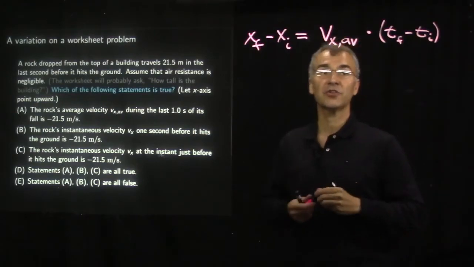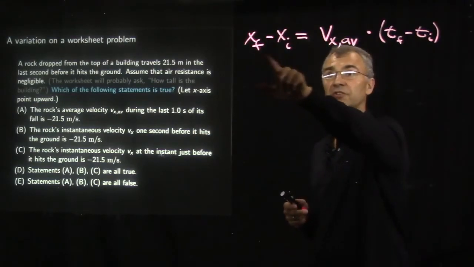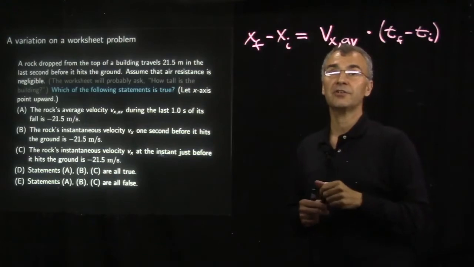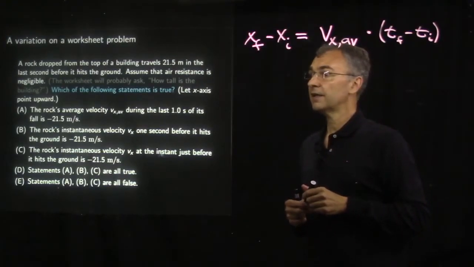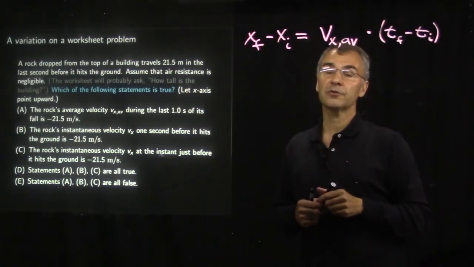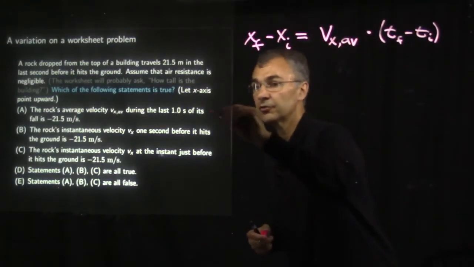I think that's a true statement because Vx average is just the change in x divided by the change in t. And the x-axis points upward, so x is decreasing. X is becoming less and less positive. So I think this is a true statement.